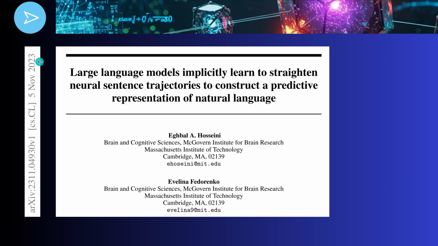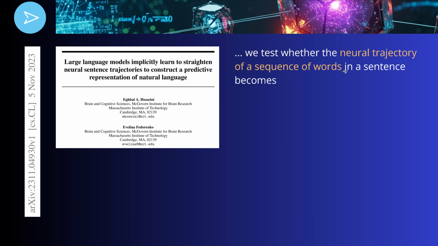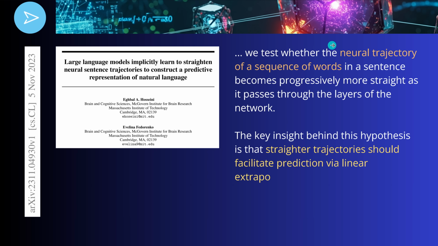This was from 2023 by MIT: LLMs implicitly learn to straighten neural sentence trajectories to construct a predictive representation of natural language. This was kind of a landmark study that was completely forgotten, because they tested whether the neural trajectory of a sequence of English words in a normal human sentence becomes progressively more straight as it passes through the layers of the transformer network.